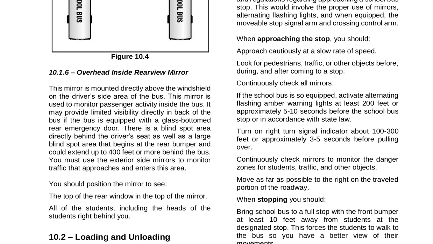If the school bus is so equipped, activate alternating flashing amber warning lights at least 200 feet or approximately 5 to 10 seconds before the school bus stop or in accordance with state law. Turn on right turn signal indicator about 100 to 300 feet or approximately 3 to 5 seconds before pulling over.